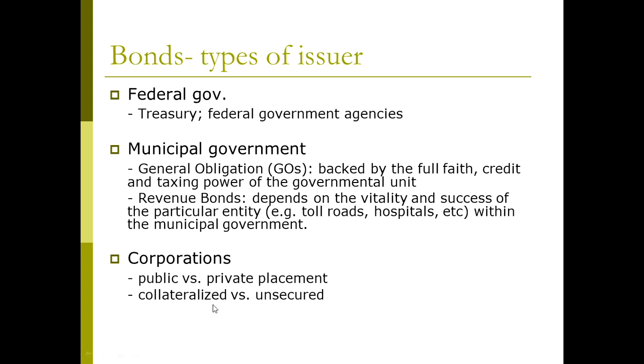It means if they fail to pay the coupon payments or the face value, the investors can sue the hotel and force the hotel to sell the building, because the building is collateral, to generate enough cash flow to pay back the investors.